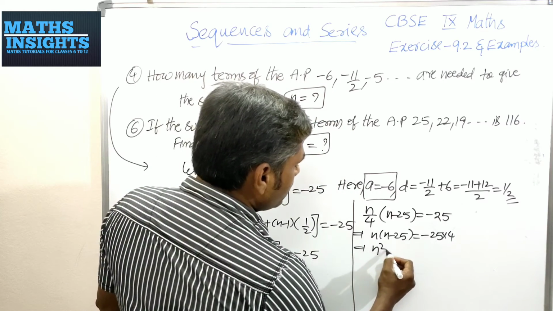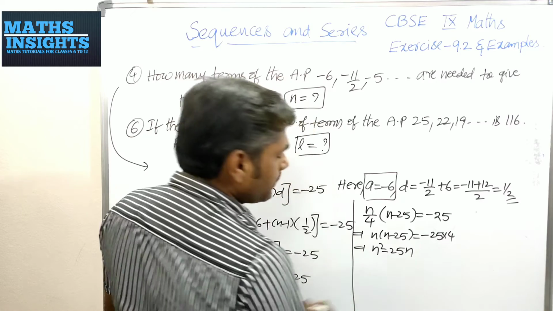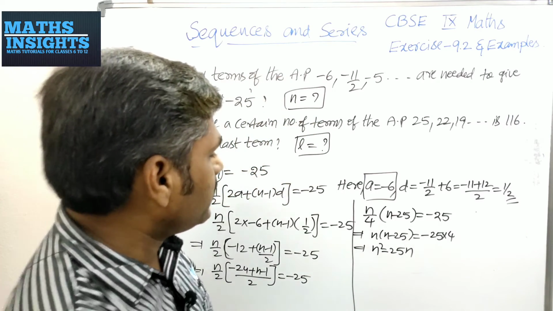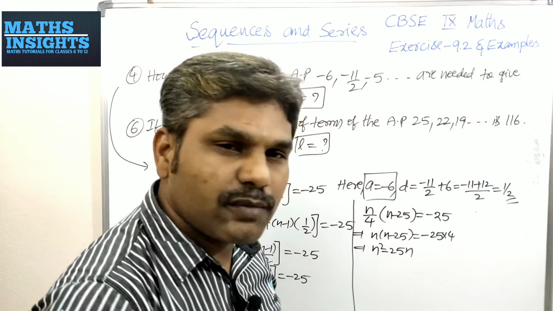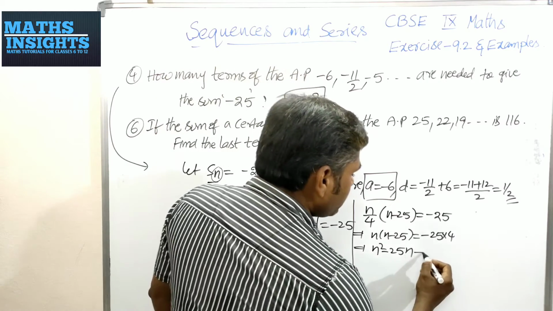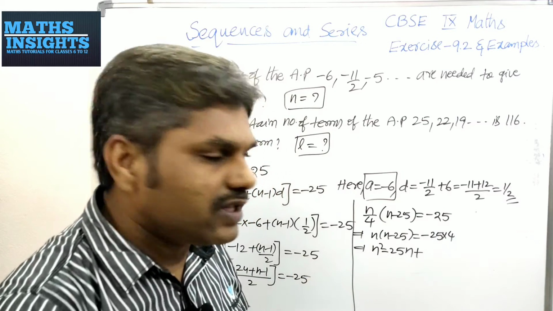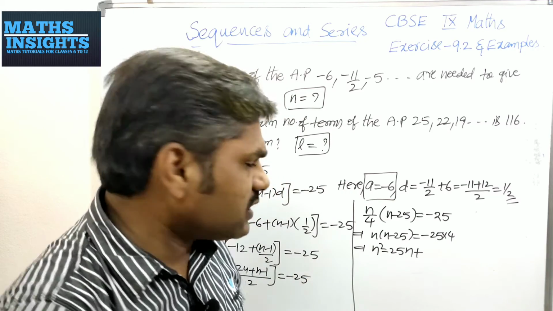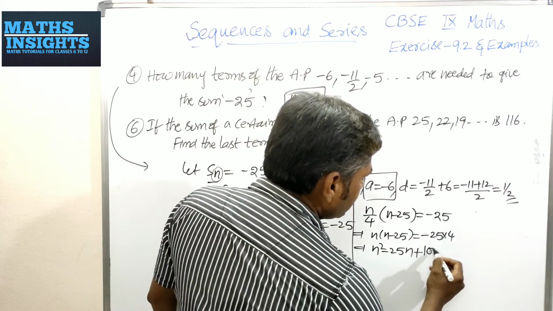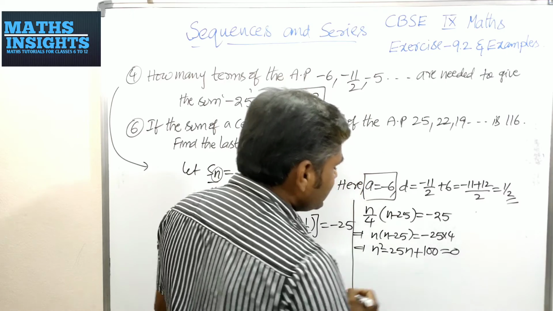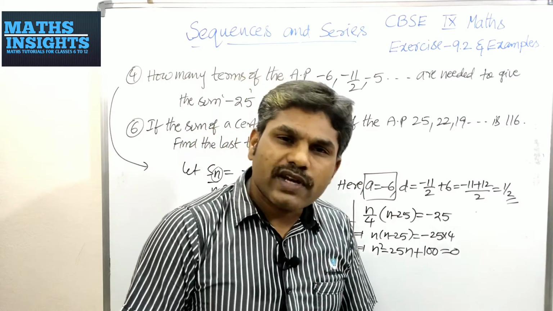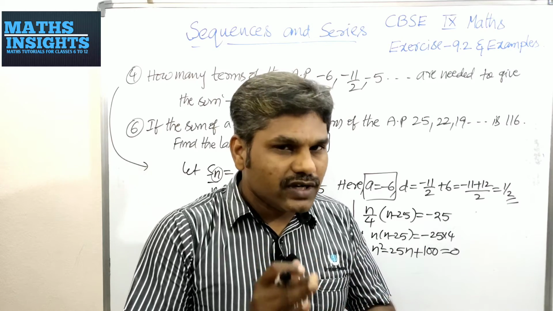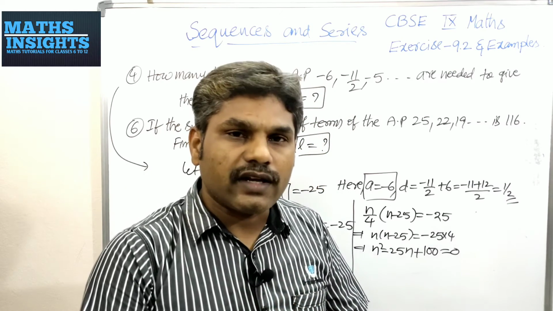And cross multiplication, so n into n minus 25 is equal to minus 25 into 4, which is a quadratic equation now, n square minus 25n minus 25 into 4 will become 100, but if you take it to the other side of the equation it will become plus, therefore plus 100 is equal to 0, which is a quadratic equation. If you split the middle term, you will get two values for n.